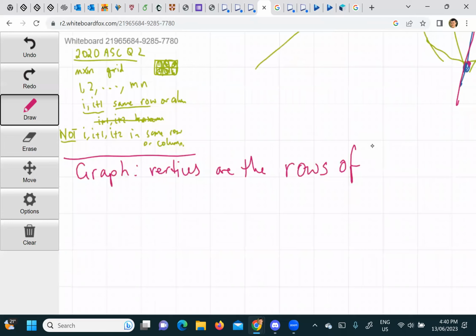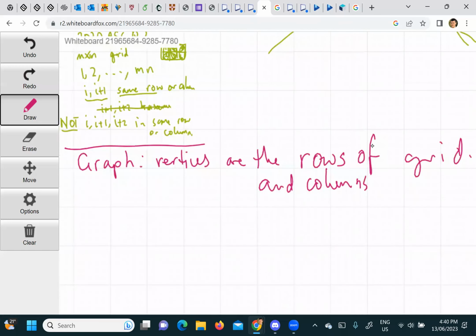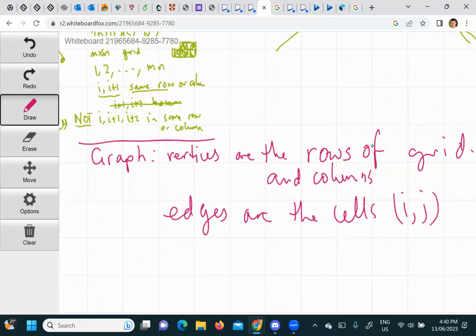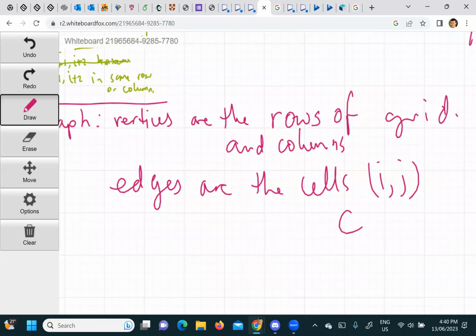So the vertices are the rows and columns of the grid. Yeah? Okay. The edges are the cells. Okay? And so if a cell is in row i and column j, then it's an edge between row i and column j. Yeah? That makes sense?